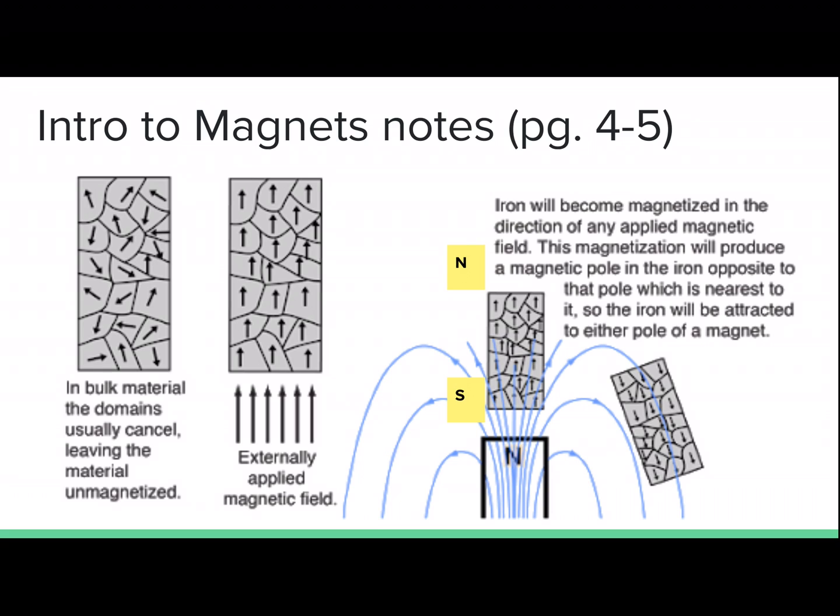But then when we bring it close to an object that has a magnetic field, so any permanent magnet, those domains will actually align with the domains of the magnet that we're bringing it close to. So that's what this second picture shows, and in that ferromagnet we now have a south pole and a north pole, because those electron spins all point towards that North Pole. All those domains point towards the North Pole.